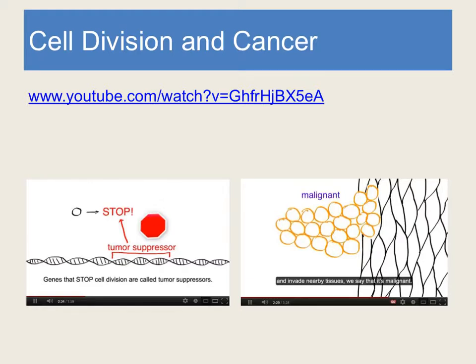Not only does it stop it, but what does it do to the cell? What is it called? Apoptosis.